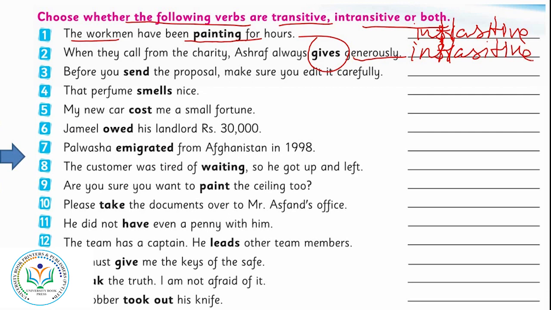Before you send the proposal, make sure you edit it carefully. अब send है हमारे पास transitive because we have an object here, proposal. So it is a transitive. The fourth one, that perfume smells nice. We don't have an object after that, so smell is an intransitive verb.